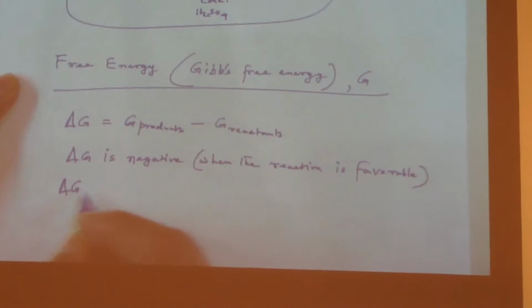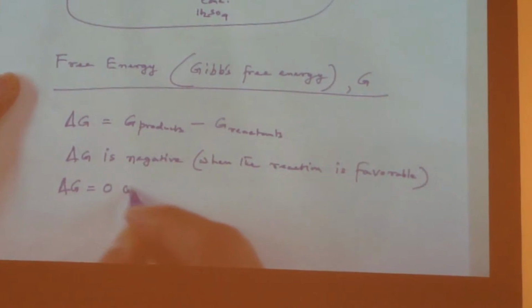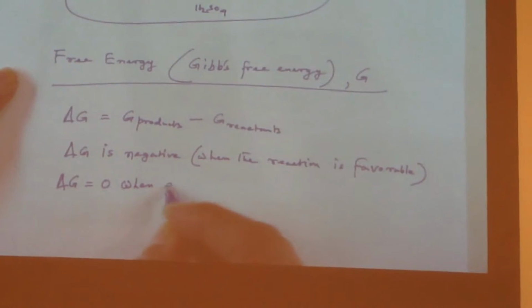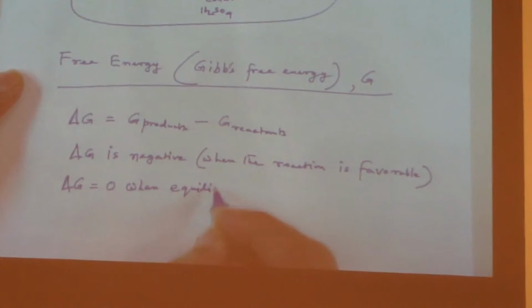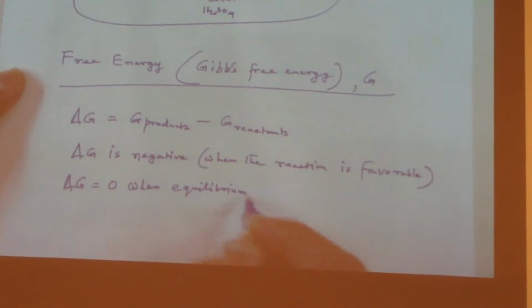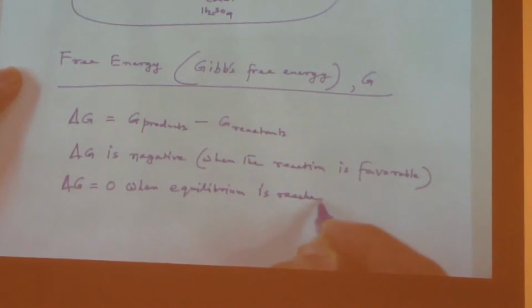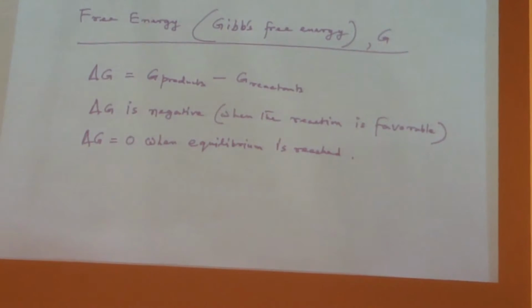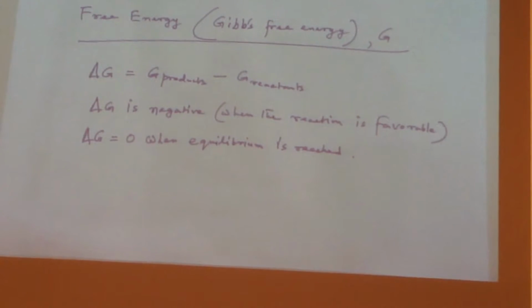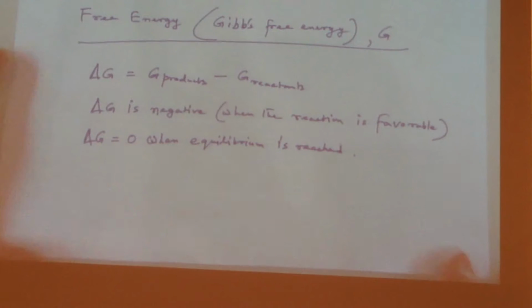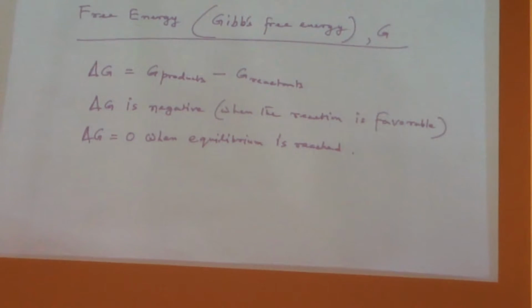Delta G is 0 when equilibrium is reached. And the way to calculate that is in the following manner. Let's look at a reaction that you have.